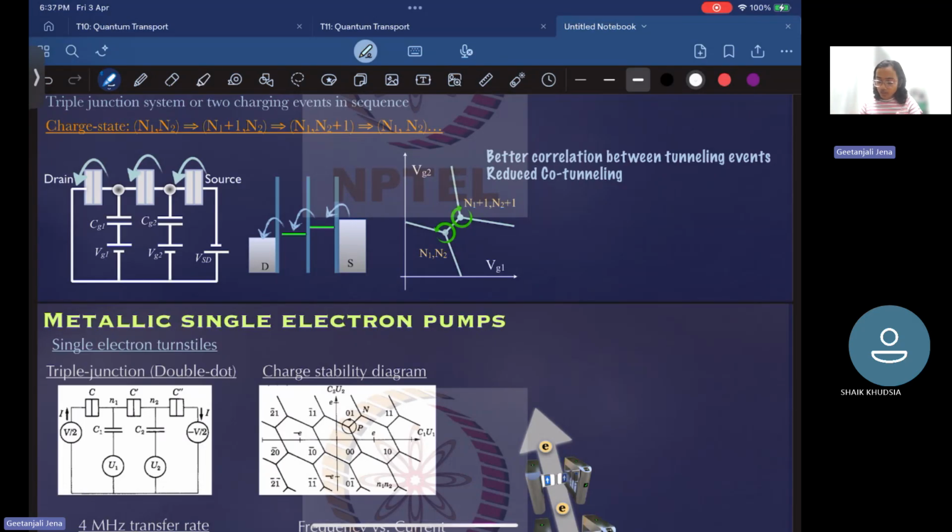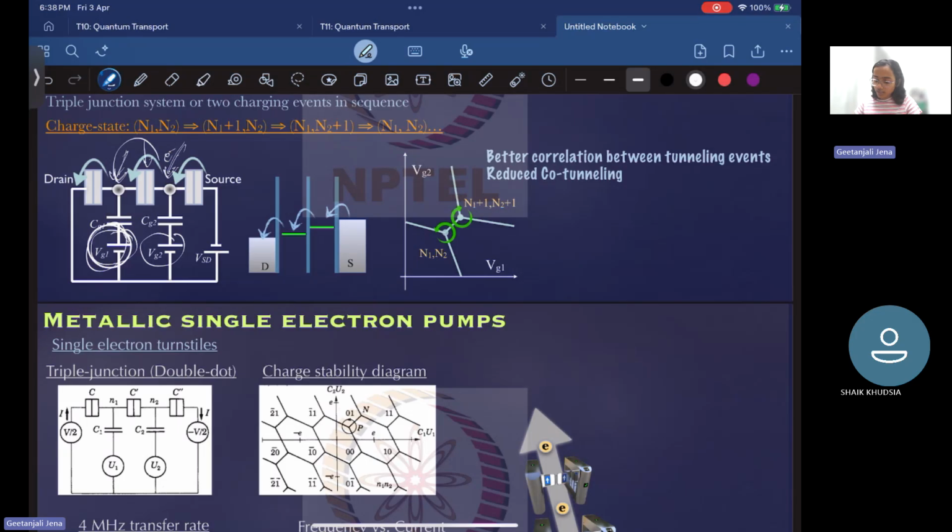So instead of one, you can use two. And if you recall, for this double quantum dot, you can control the Fermi level of this second quantum dot as well as the first quantum dot by using this gate voltage, and you can lock the electron here by changing this voltage so that it can lock here, or you can make the gate voltage such that it can tunnel to this side.